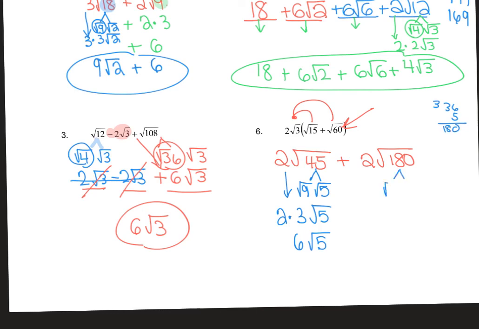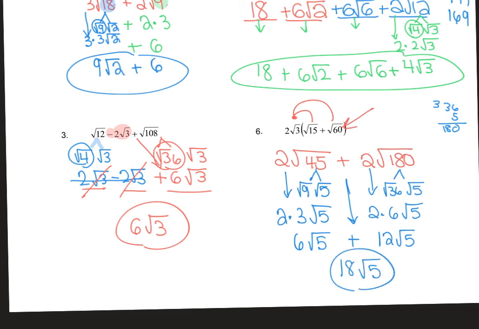All right, so root 36 times root 5, drag down the 2. So it's 2 times 6 root 5. So it's 12 root 5, and we were adding. So 6 root 5 plus 12 root 5, that's 18 root 5. And we are done.